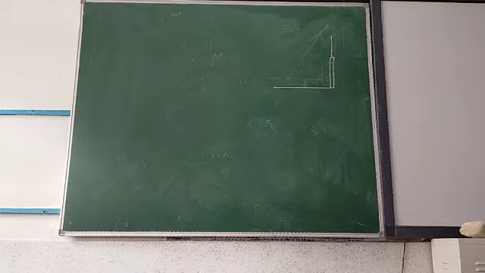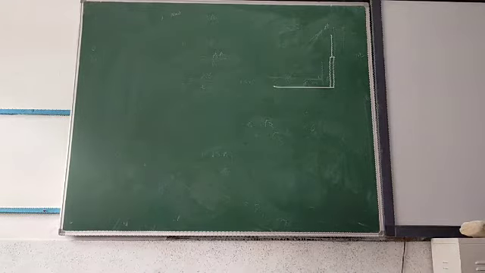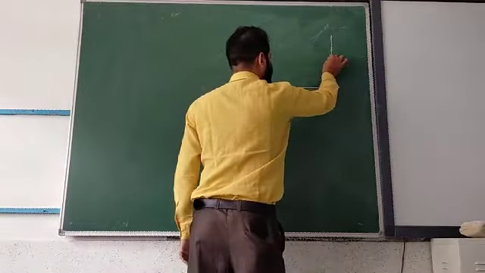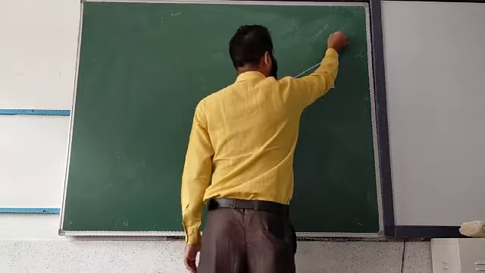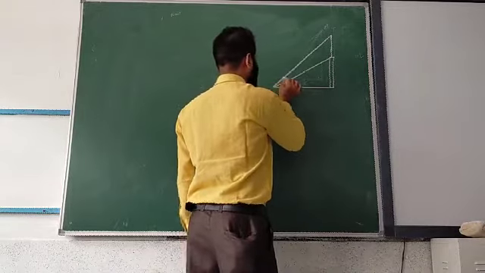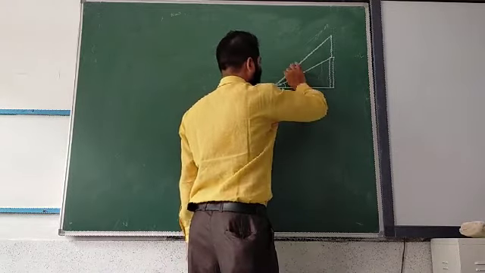From a point on the ground, the angle of elevation of the bottom and the top of a transmission tower. This is the bottom and this is the top. So the angle of elevation, that means this and this is given.